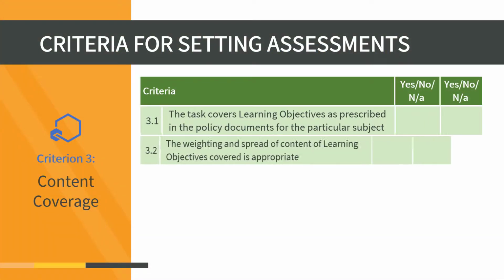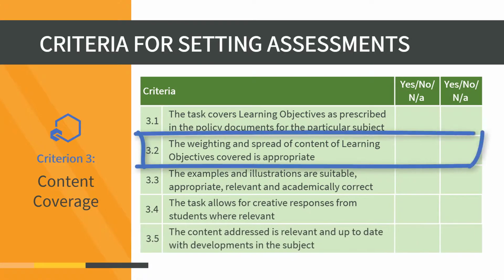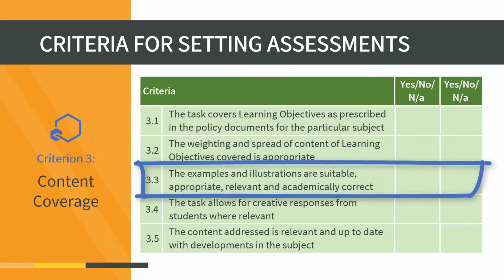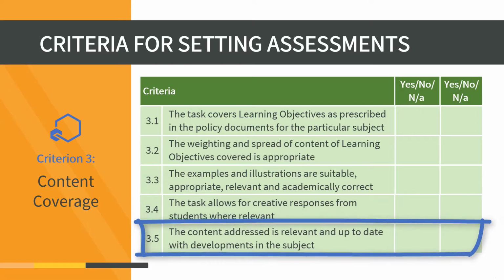Criterion 3 deals with content coverage. Would you like to be confronted with an assessment in which the weighted values are incorrect? The questions asked are not from the syllabi or subject assessment guidelines. The illustrations are either not clear or not relevant. The tasks call for very rigid answers with no option for creativity or opinion, or where facts are outdated.